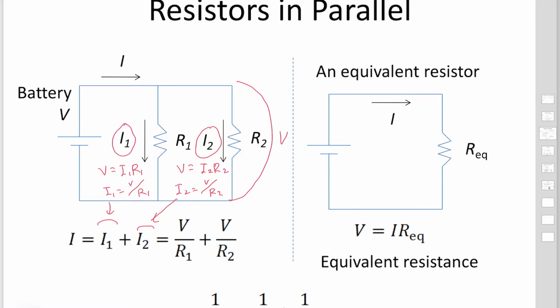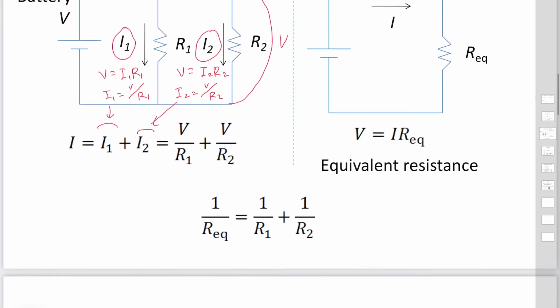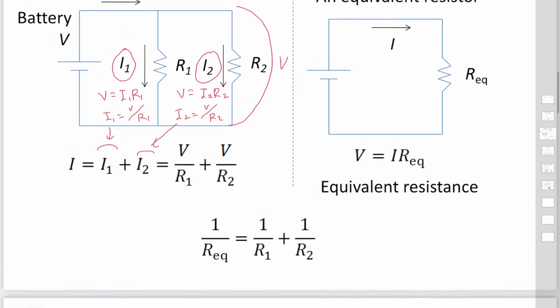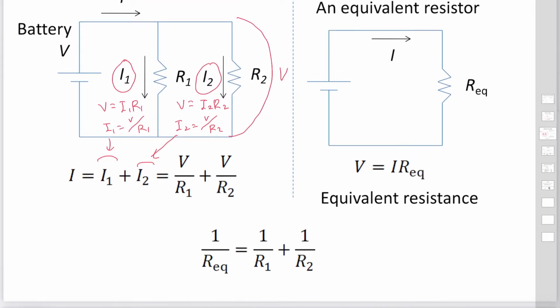Then the total current I is equal to I sub 1 plus I sub 2, equal to V over R sub 1 plus V over R sub 2. And if you consider the equivalent resistor, V equals I times R sub eq. So this means I over V equals 1 over R sub equivalent.